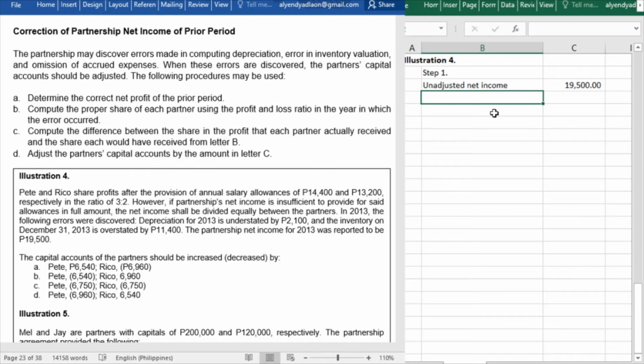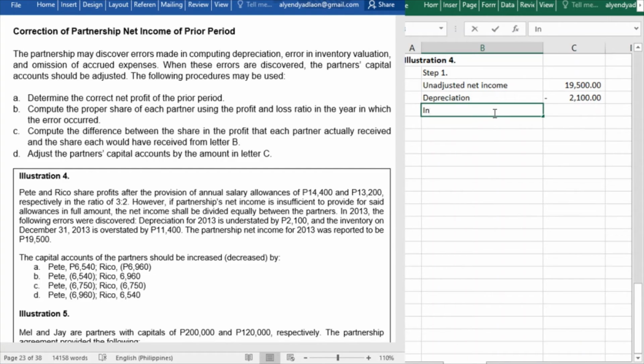Next is to compute for the proper share of each partner. As you can see, there are errors that were discovered. First we have the error in the depreciation. Accordingly, the depreciation was understated by 2,100. If the depreciation was understated, that means that the net income was overstated. So this 19,500 was overstated, so we have to deduct 2,100. In other words, we have to add depreciation.